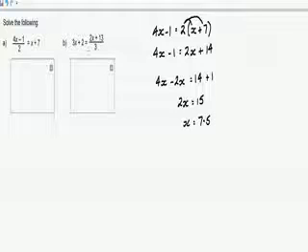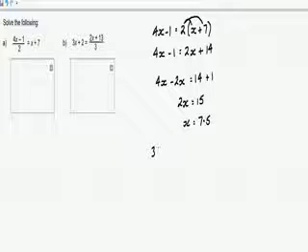Now this one, we look at it and it's exactly the same. The 3 is dividing. The fact that it's on the right hand side, we couldn't care less. The 3 is dividing, so if I move it over the other side, it's going to multiply.